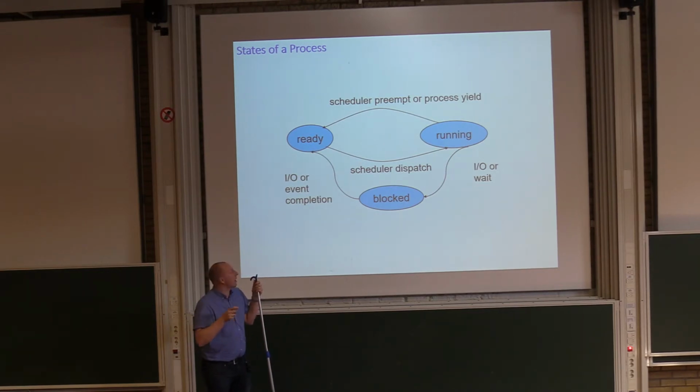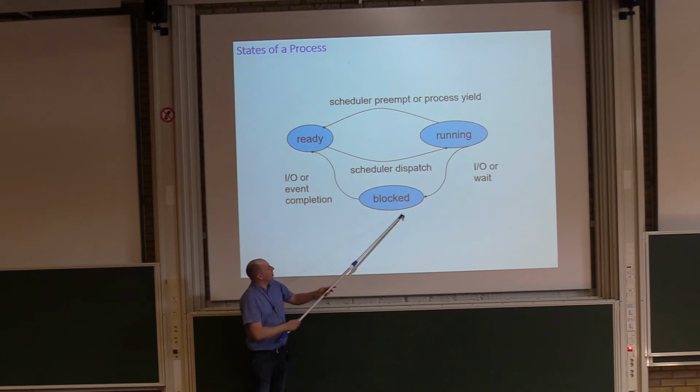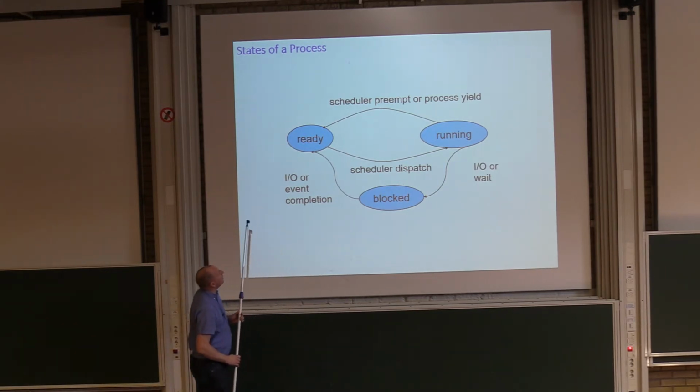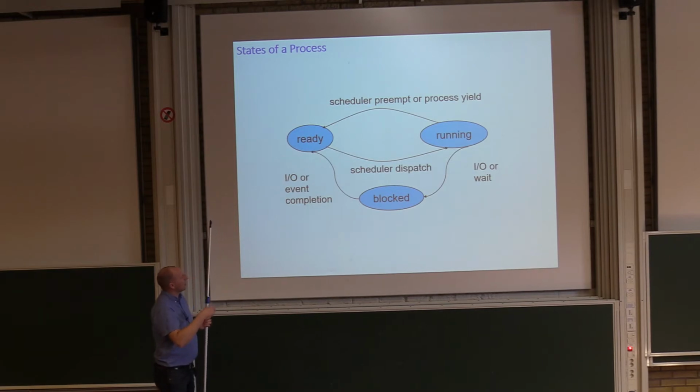If no process wants to execute, the processor can go into a low energy mode and not do anything at all until some interrupt occurs and some of the processes would like to execute again, and then it will step up.